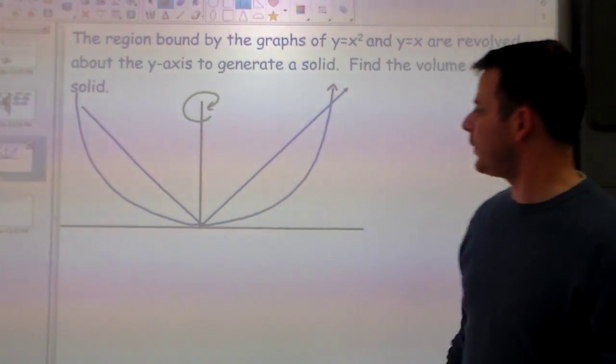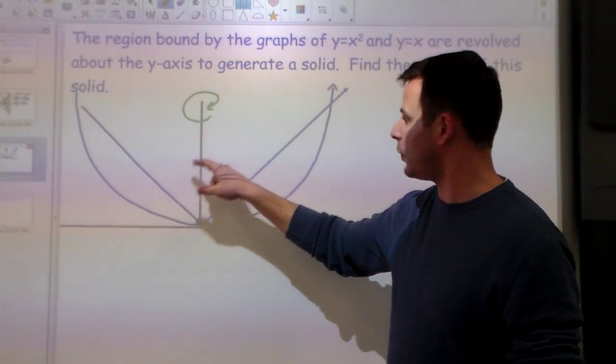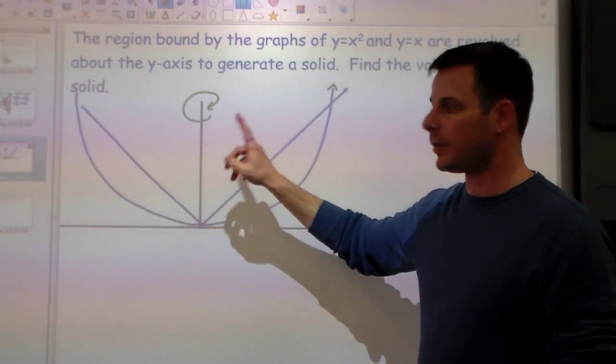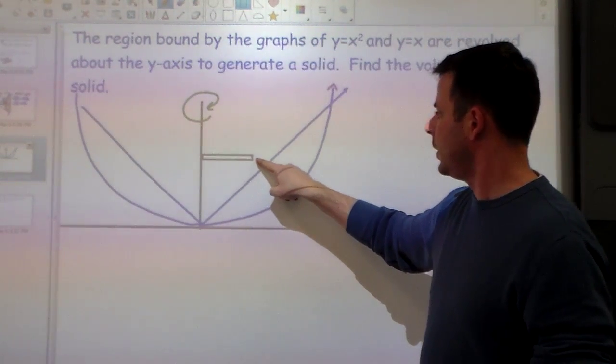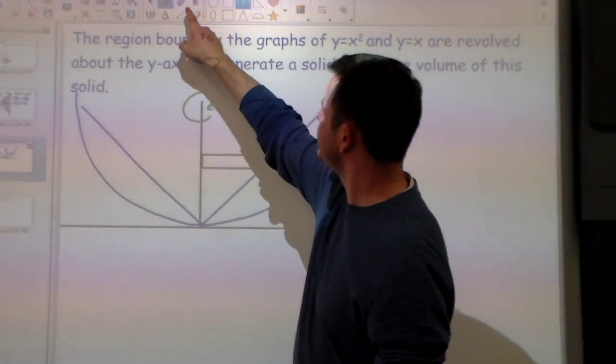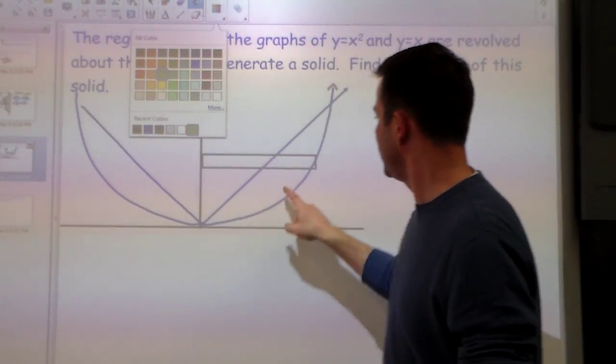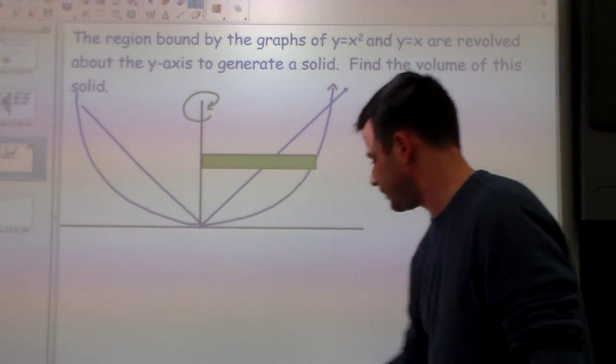And remember that your representative rectangles always come from your line of revolution. We're revolving about the y-axis, so begin drawing your radius from your line of revolution. So I'm going to keep going to my outermost function here. My outermost function here happens to be y equals x squared.